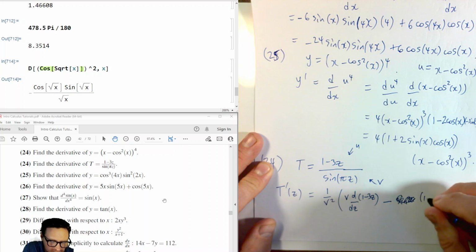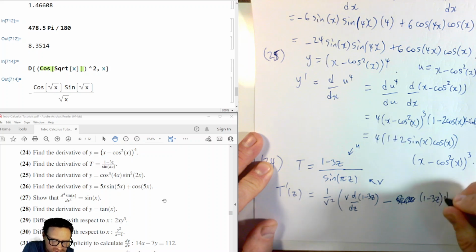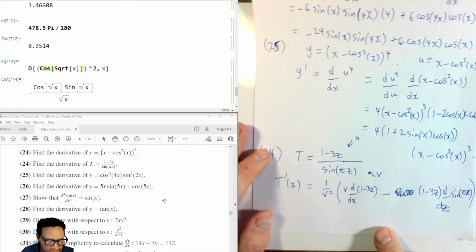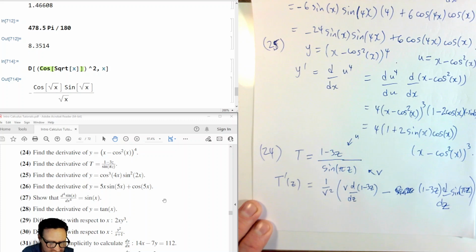So 1 minus 3z d on dz sine of pi z. Okay, and so this derivative is minus 3.